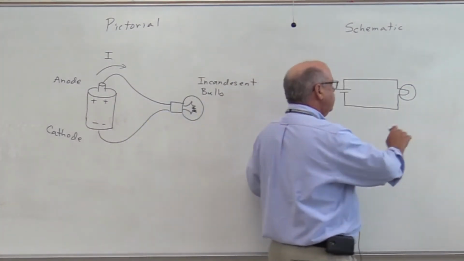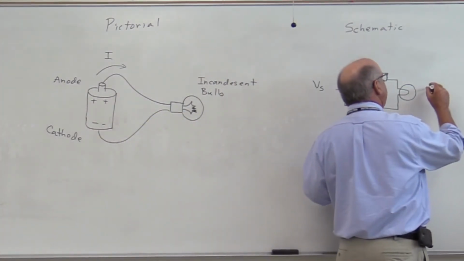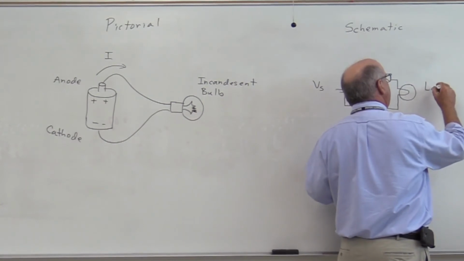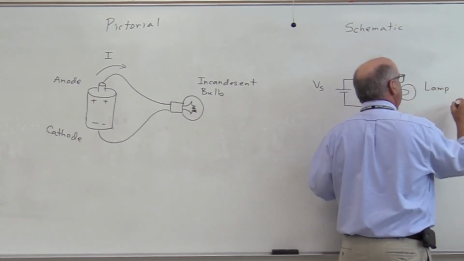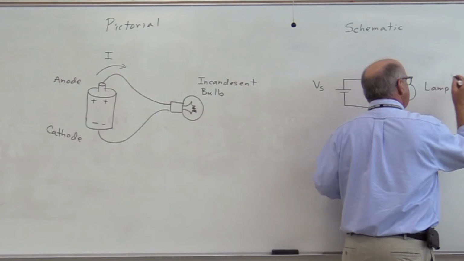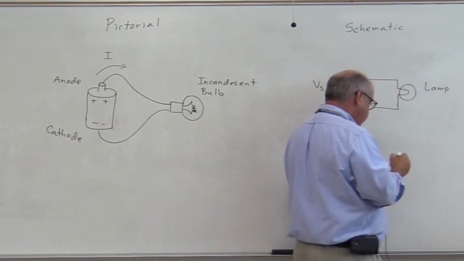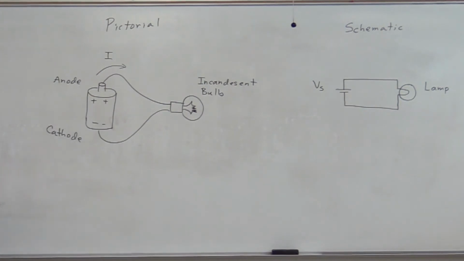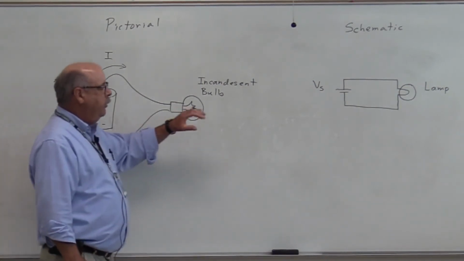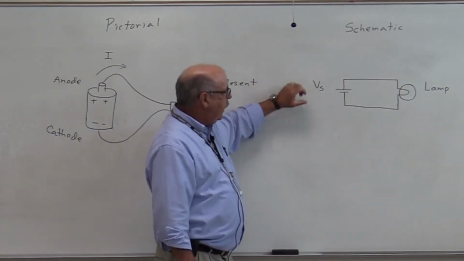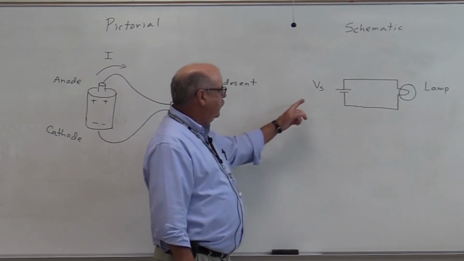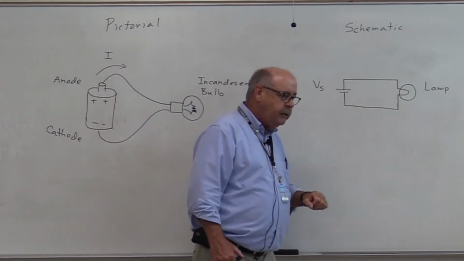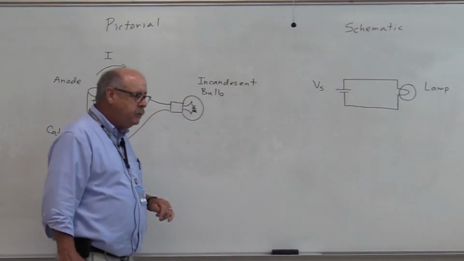And of course, this lamp over here, we'll just call it lamp. So in our schematic diagram, we always have to not only represent these circuit elements using an approved or recognized schematic symbol, but we have to give reference IDs to these elements in the circuit.